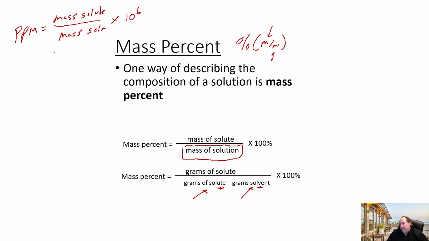Sometimes parts per million is used. So if somebody says parts per million, it's basically this formula, except instead of multiplying by 100%, you multiply by a million and it turns into a different unit. Those units are used a lot for certain things. So if you see parts per million, you'll multiply by a million rather than 100.